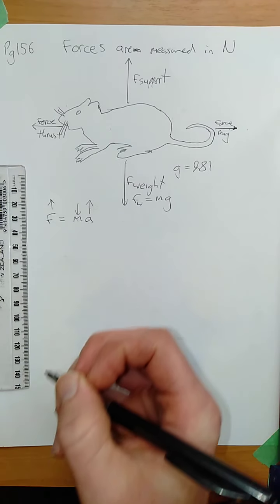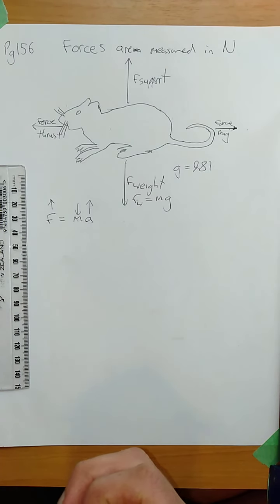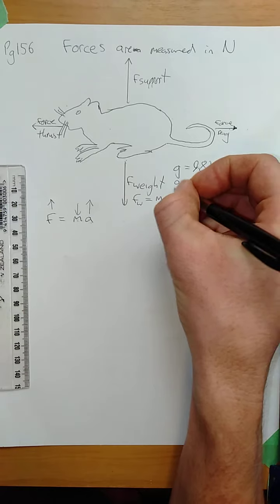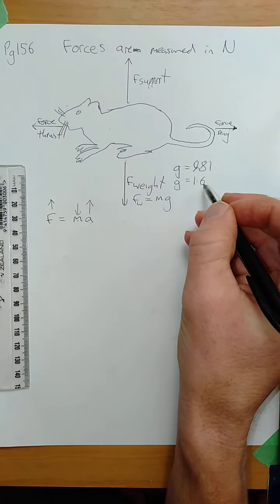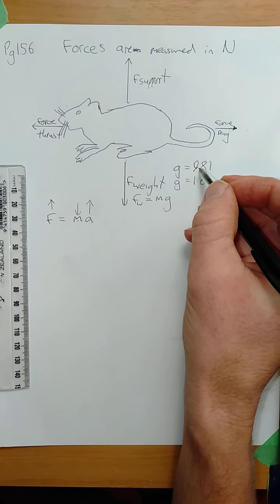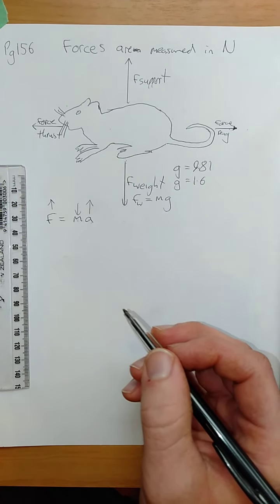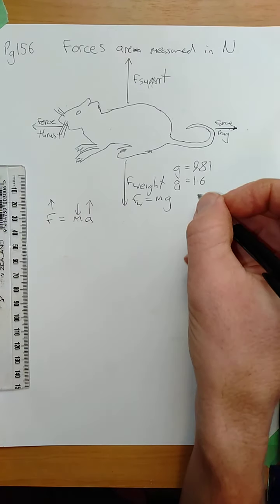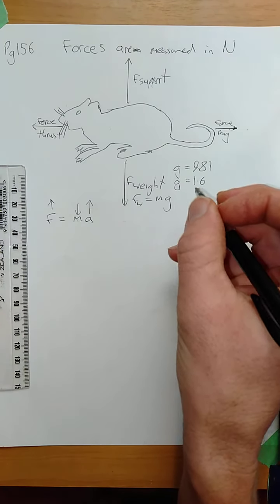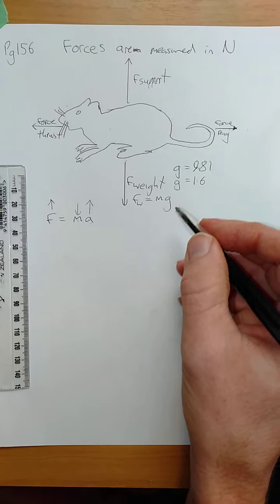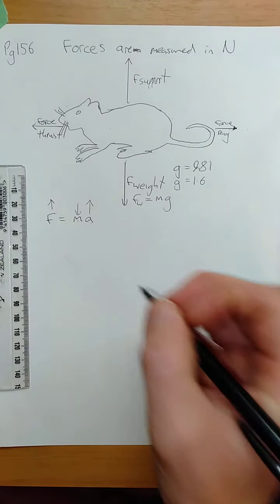If you're on the moon, for example, g is only equal to 1.6. That's because the moon's got significantly less mass than the Earth does. And the other one they've got in the book is Mars, which is 3.7. So it's somewhere in between as far as its mass goes. So mass determines the acceleration due to gravity here.